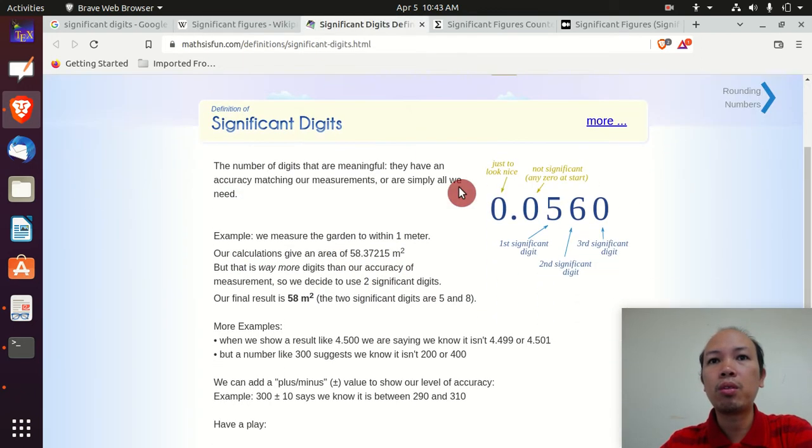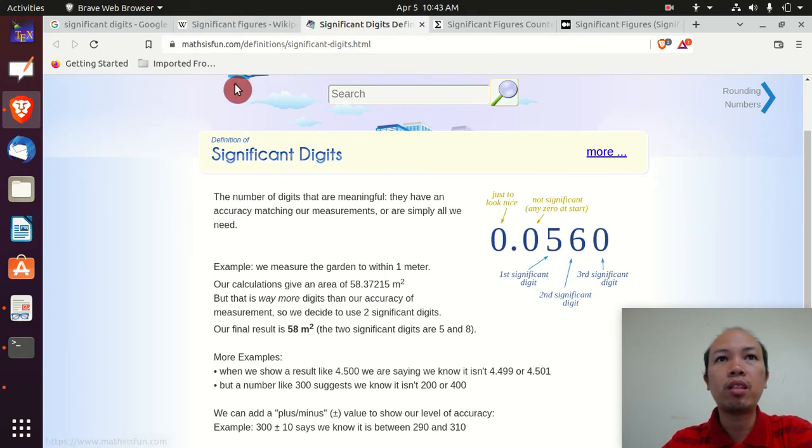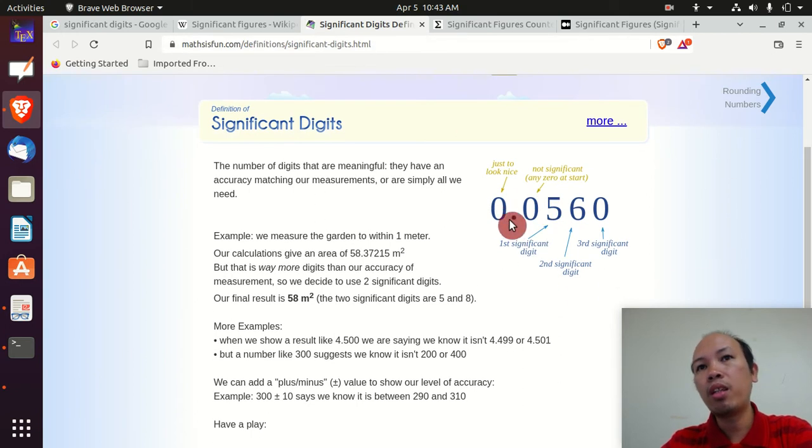There's also this website here; you can type this URL in the Google browser. For example, if you have a decimal number, a 0 before the first nonzero digit is not significant.